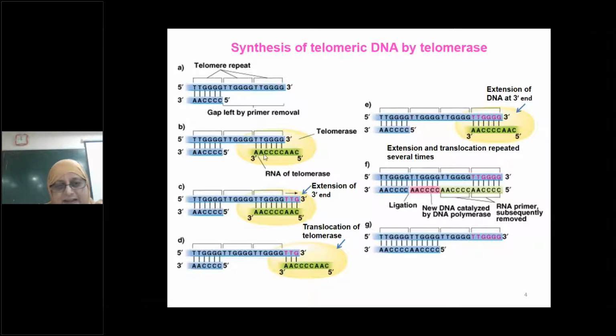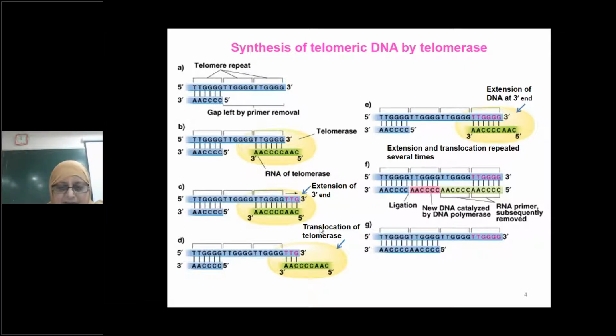So this is adenine A, A, C, C, C, C, and here there are 3 nucleotides. For these 3 nucleotides, complementary nucleotides will be added at the 3' end of the DNA strand. Complementary to A is T, complementary to this is another T, and complementary to C is G. So the extension of the 3' end is occurring in the case where the lagging strand is there.